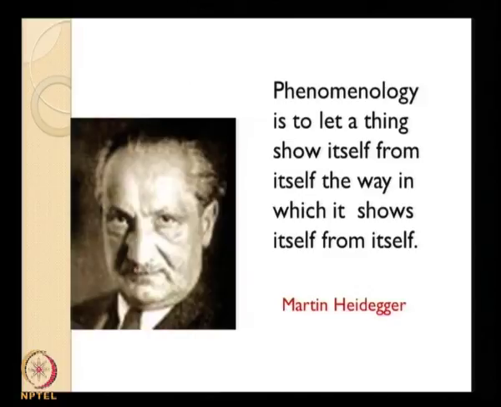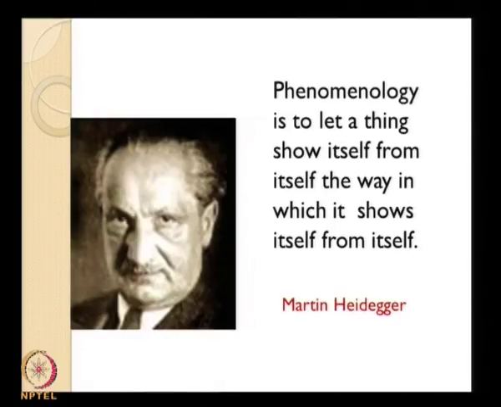It is a very interesting quote. I repeat, phenomenology is to let a thing show itself. It is the thing which shows itself to us from itself, the way in which it shows itself from itself. All other considerations are unimportant.